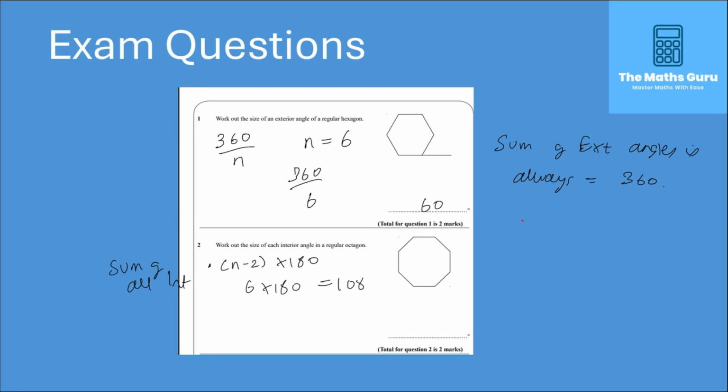Yep. And because it's a regular octagon, all angles and all sides are the same length. So 1080 divided by 8 will give us the size of each interior angle, which is 135 degrees in this case.